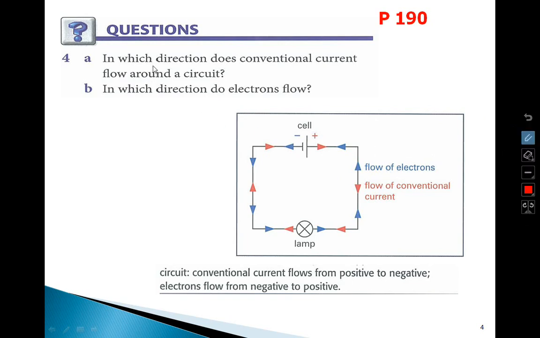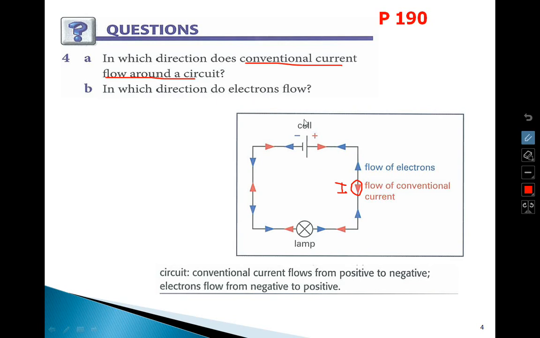As we said before, conventional current flows around the circuit starting from positive. This red one is the flow of I, current I. It starts from positive, ending in the minus part.